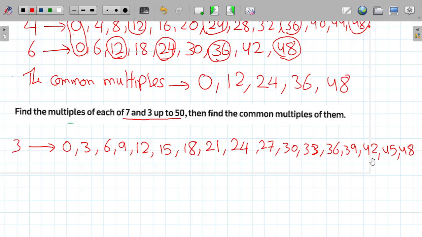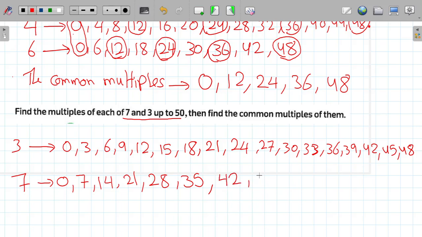Next I have multiples of 7. So I will start with 0. Next I have 7, 14, 21, 28, 35, 42, and 49. Okay, so I will search for the common multiples. Okay, first I have 0.